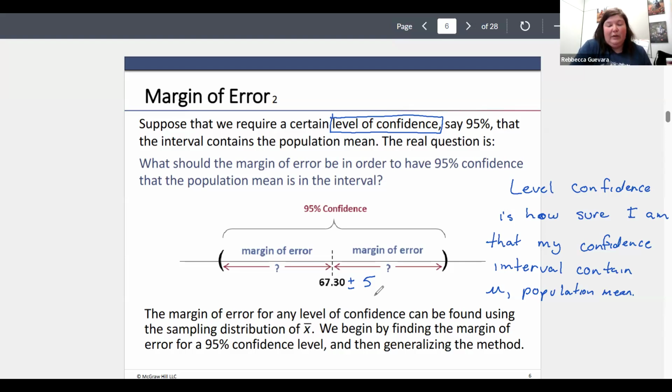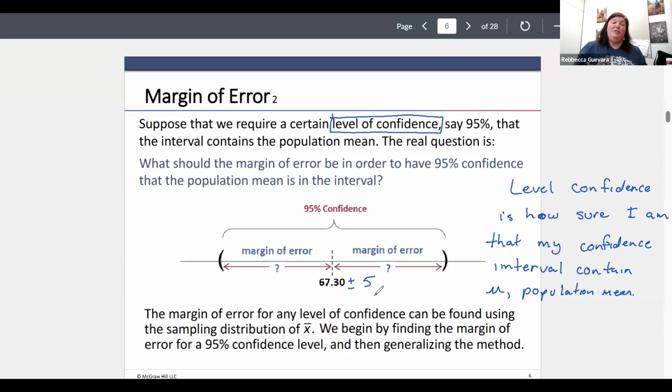What we're going to talk about here soon is how do I calculate that margin of error? Because I need to have that margin of error match the percentage of confidence that I have. The margin of error for any level of confidence can be found using a sampling distribution, because when we're talking about percentages, we're usually talking about probability distributions.